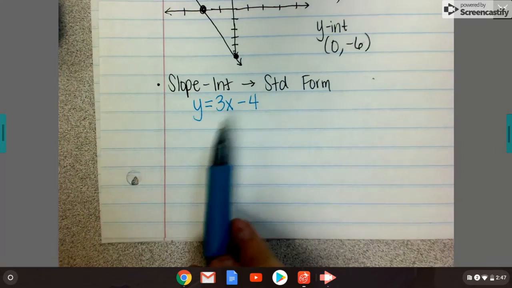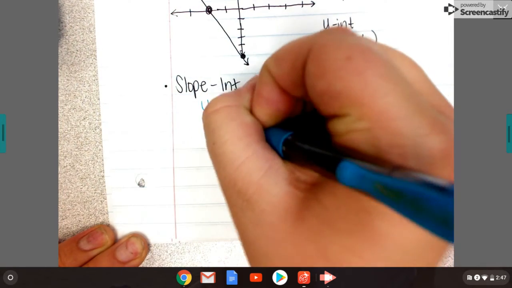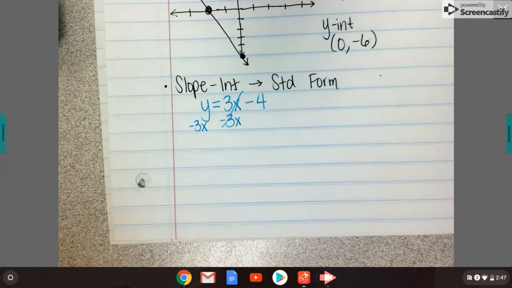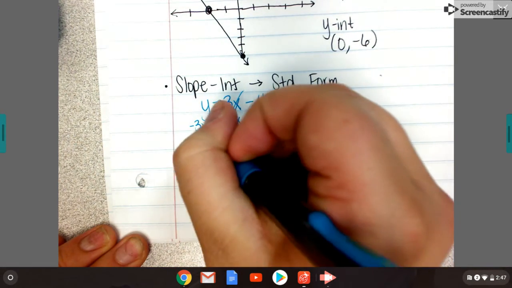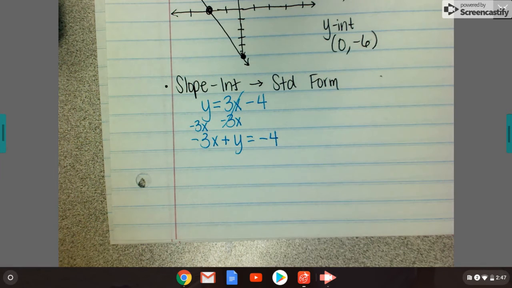So if I can move my x's to the left as well, then I'd be in a good spot. Let's subtract 3x from both sides. On the left, I'd have negative 3x plus y equals negative 4. And there we go. We're in standard form. Easy enough. All you have to do there is subtract your x term to the other side.